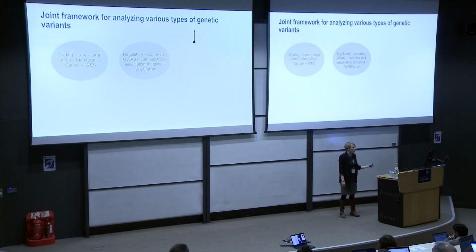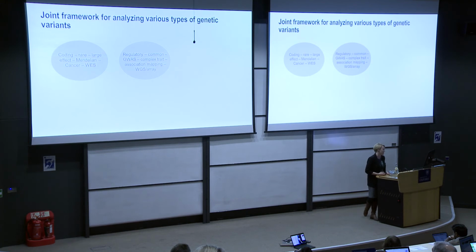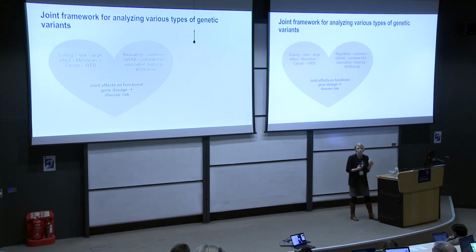There is the rare coding variant community looking at large effects in Mendelian and other severe disease, but mainly by exome sequencing. Then there is the common complex disease community: GWAS, EQTLs, association mapping, etc. And we are putting these two things together into a joint framework that is motivated by a biological hypothesis of joint effects on gene dosage.